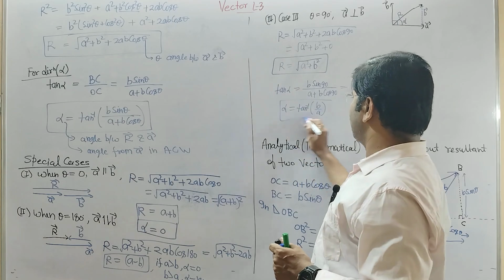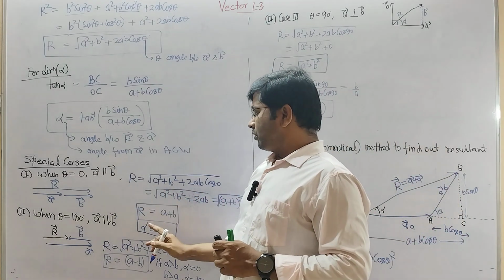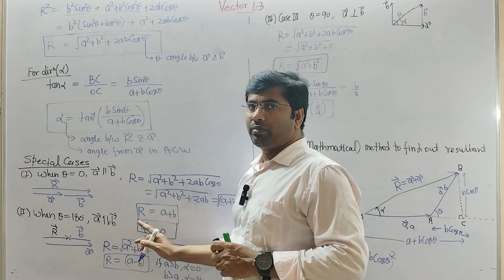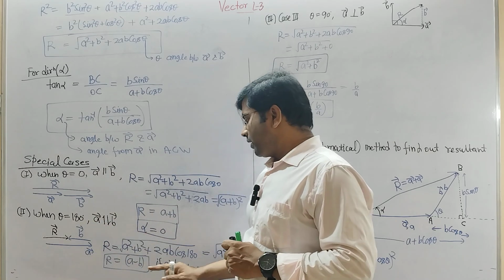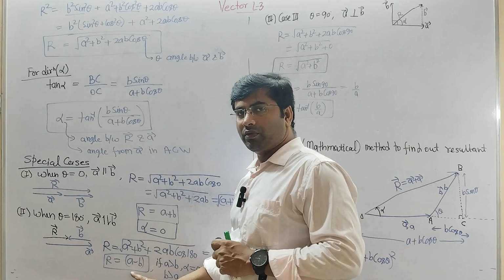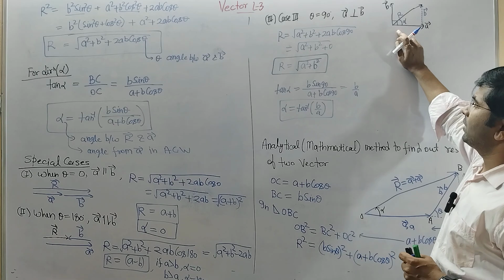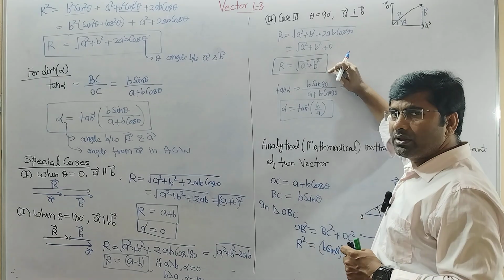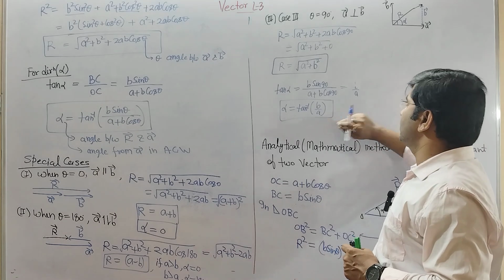So these are three special cases. When the angle is 0, both parallel, the resultant will be the summation of both vectors. If theta is 180, anti-parallel, then the resultant will be the subtraction of both vectors. When theta is 90, then the resultant is the under-root of the sum of squares, and the resultant direction will be given by this formula.